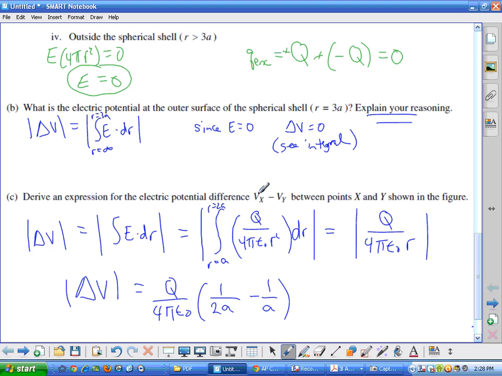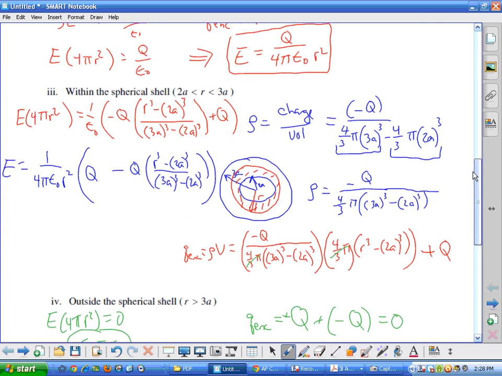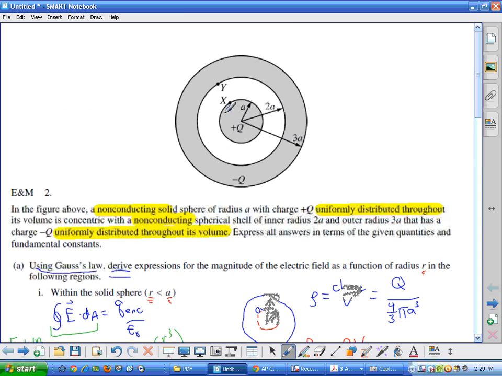And then they didn't say find the magnitude of the voltage difference. They wanted to know the actual voltage difference. So if we look at this, the charge is positive right here, so our electric field is pointing from x to y in this region. And that means that point y is at a lower voltage than x, because as you move in the direction of the electric field, the voltage decreases.